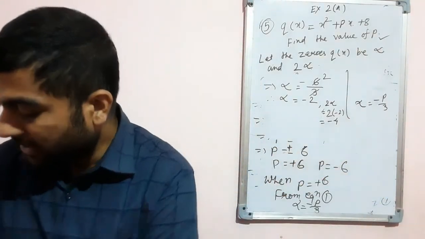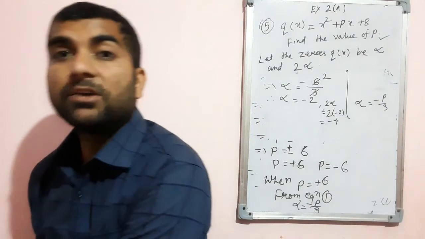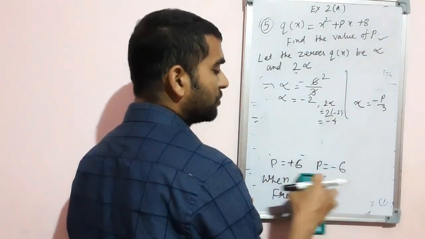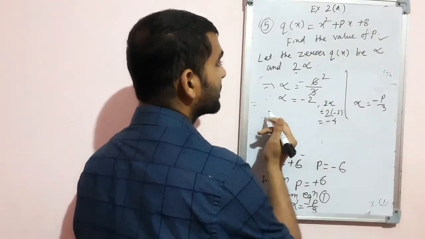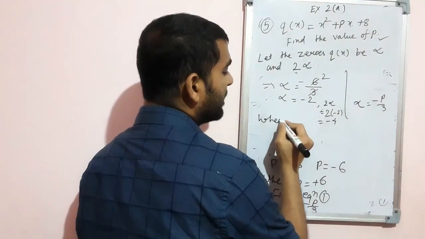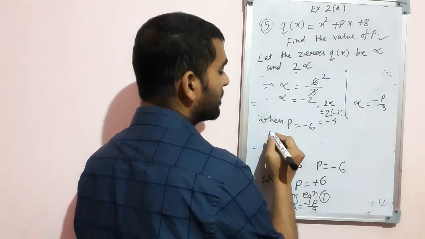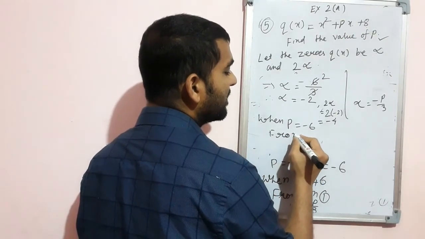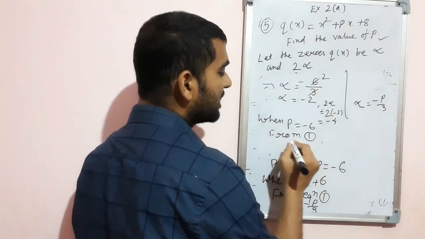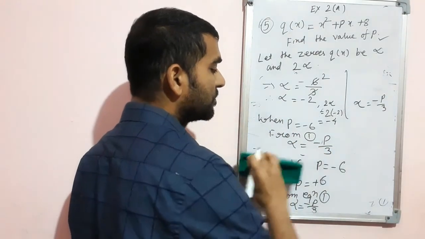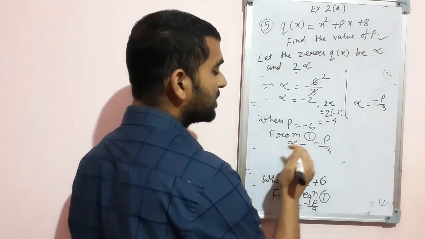Now you will write when p equal to minus 6. We got two values of p, right? So when p equal to minus 6, from equation 1, the same equation, alpha equal to minus p by 3. Put this value and see how much you get.